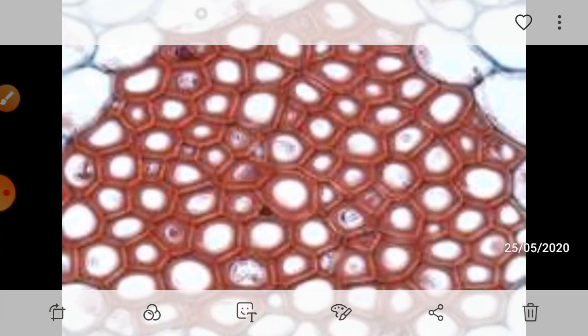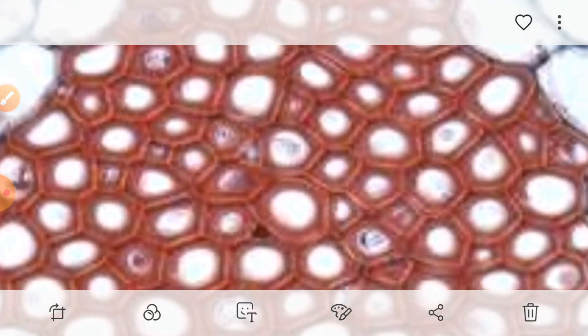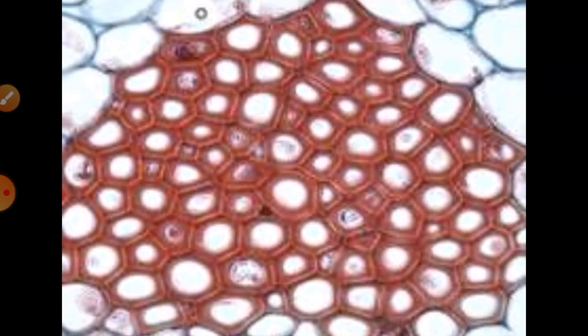As you can see their structures, you can see the pit-like structures, and they are made up of sclereid-type cells, not fibrous ones. So generally the sclereids may be the cells of nuts, pulp or fruits.